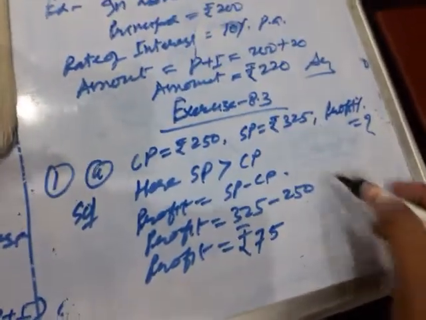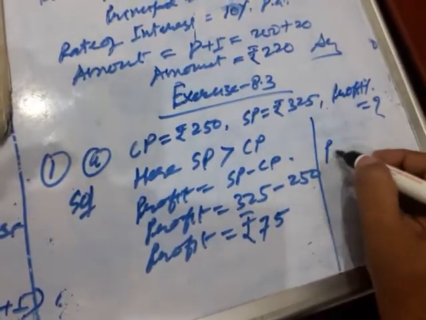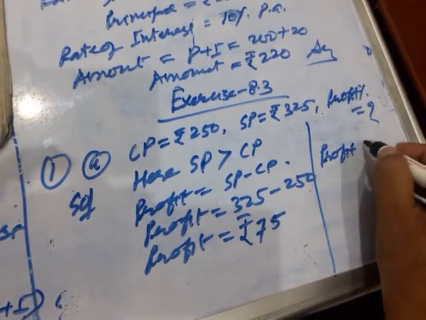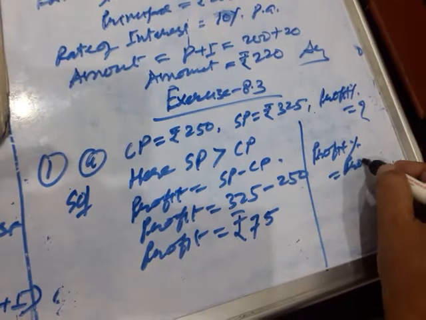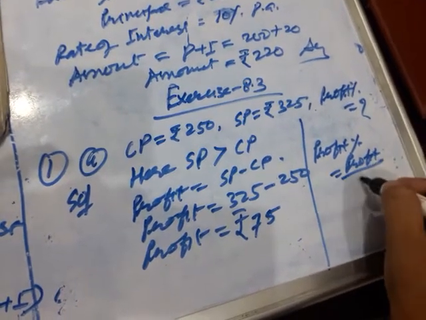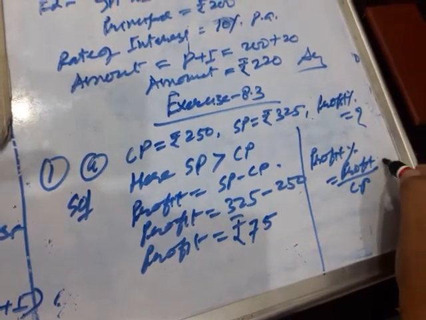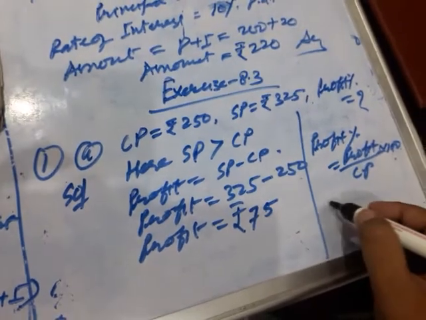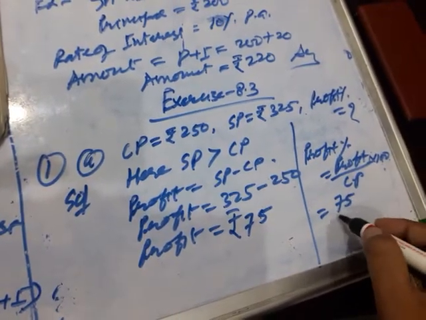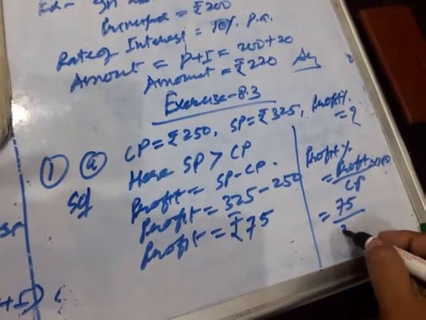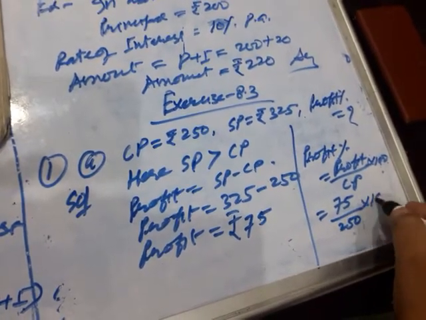See, so profit percent, how will you find out? Profit percent equal to amount of profit upon CP multiply by 100. This is the formula. Profit is 75 rupees upon CP is 250, multiply by 100.